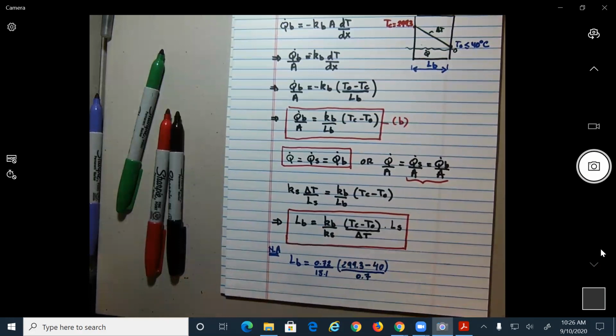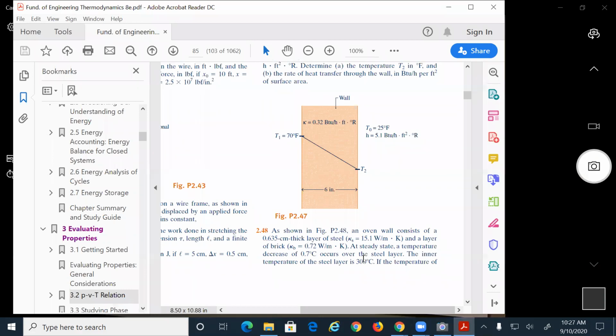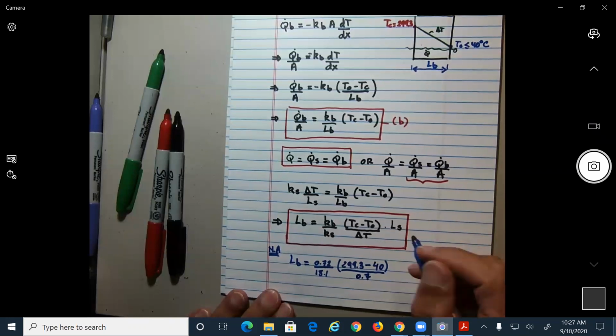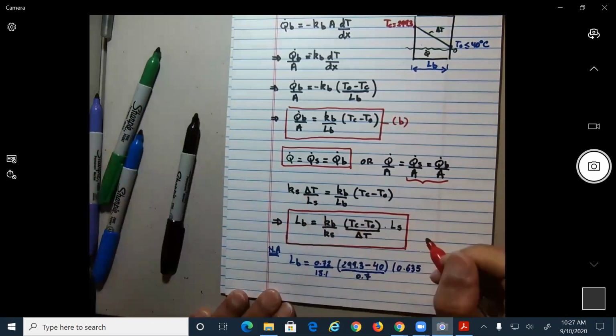And the initial length L sub S of the steel is 0.635. So we need to be careful here. If we keep 0.635, that will give us the answer in centimeters. Do we need to give the answer in something special? So, okay, we give the answer in centimeters. So 0.635 is in centimeters, so we should get the answer in centimeters. So be careful here.